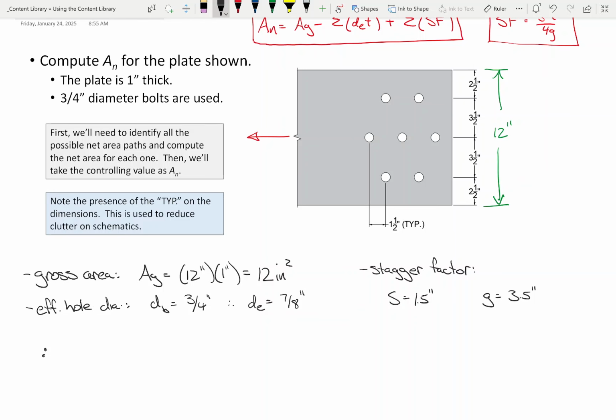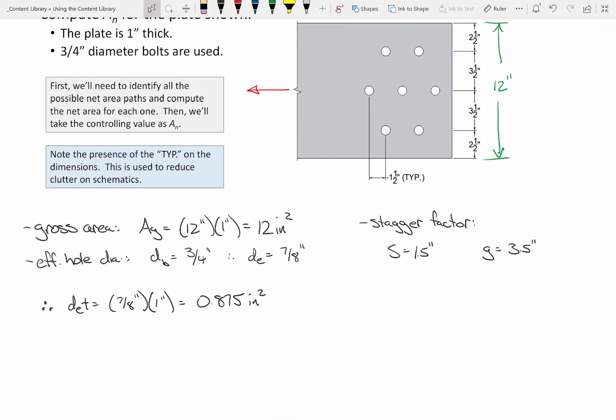So therefore, would you agree that we can just do this and get just 0.875 square inches, just 7/8, right? For our stagger factor, that's going to be S squared T over 4G, okay?